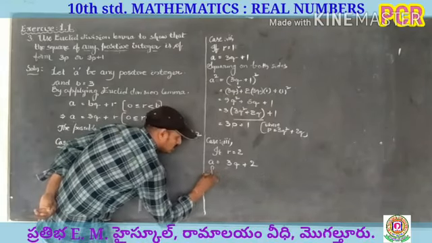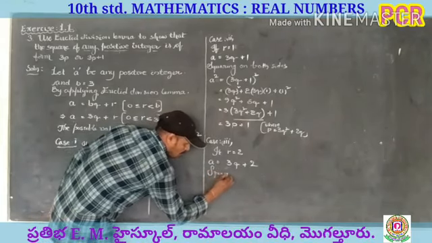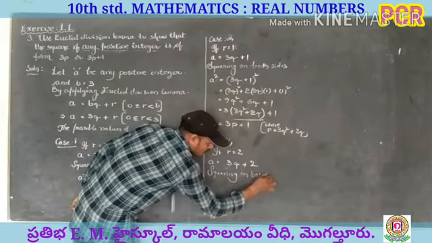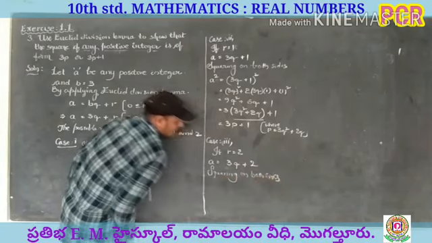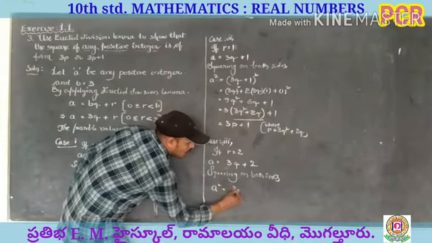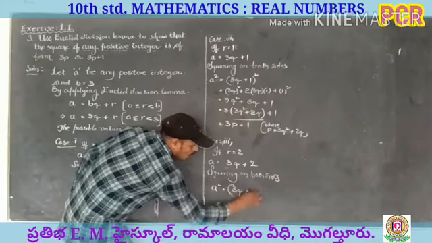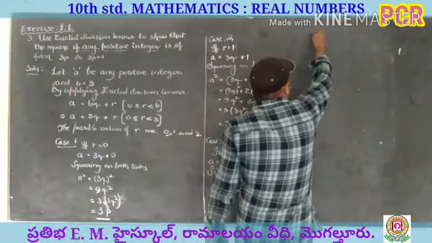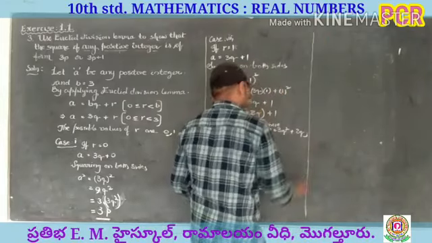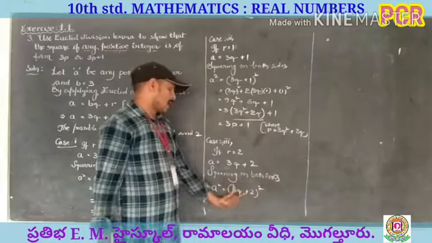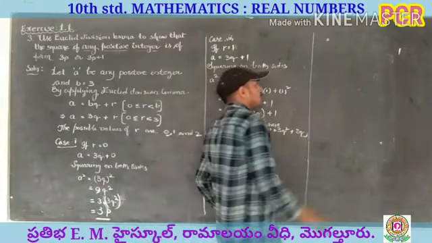Now then squaring on both sides. That means a square is equal to 3q plus 2 whole square. Expansion of 3q plus 2 whole square.